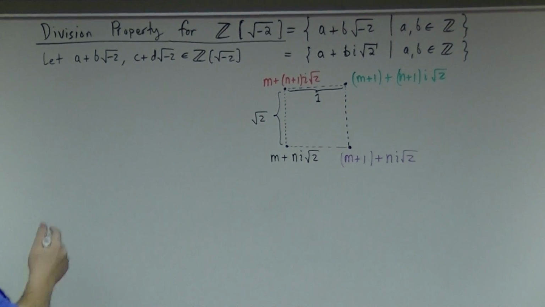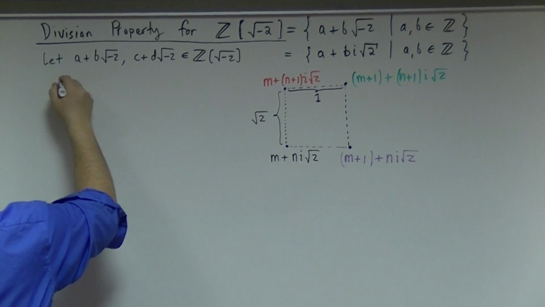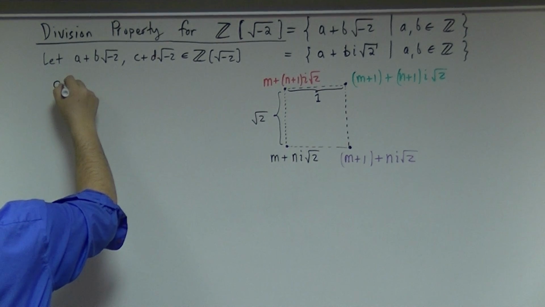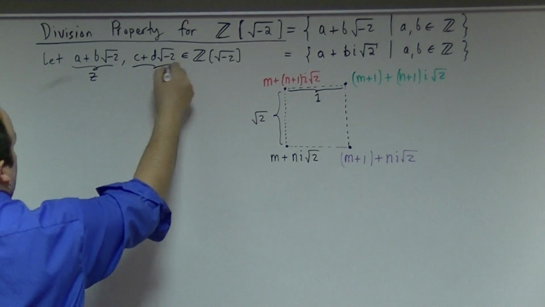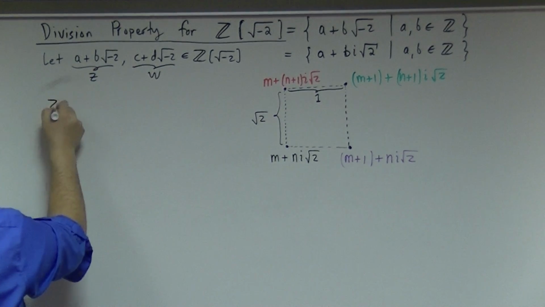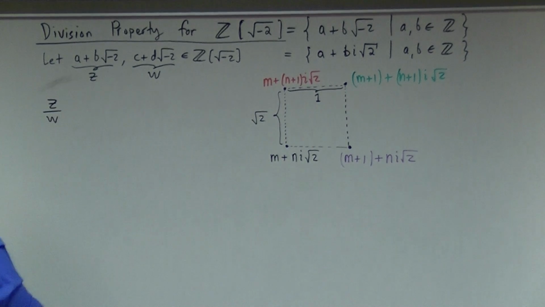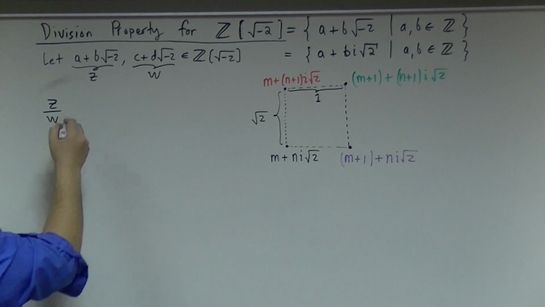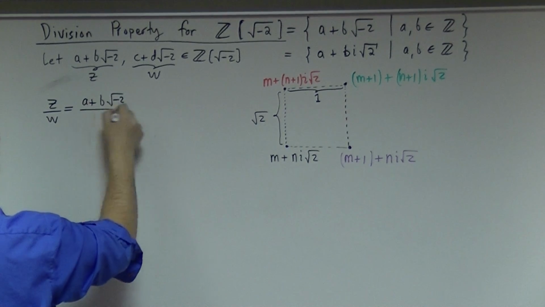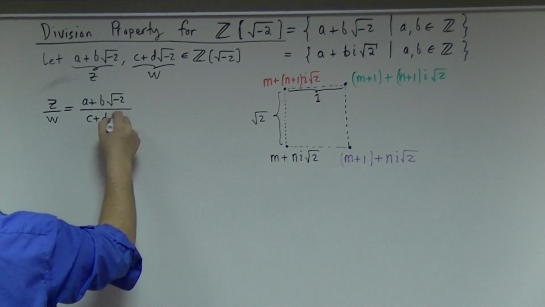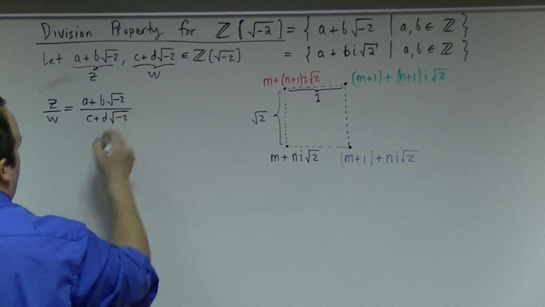And let's call this one z, and let's call this one w. I want to look at z over w. What's that look like? It's something like a plus b root minus 2 divided by c plus d root minus 2, right?